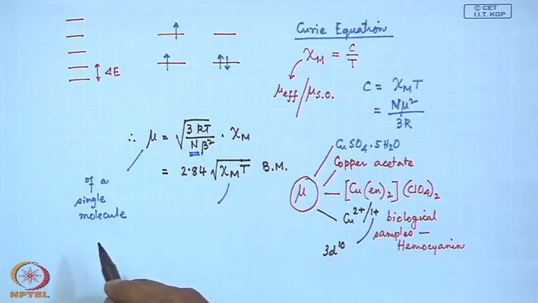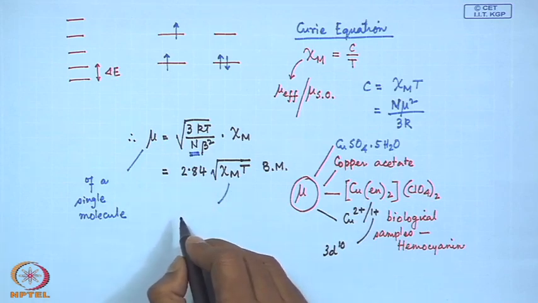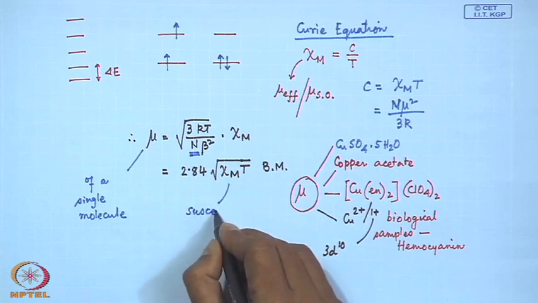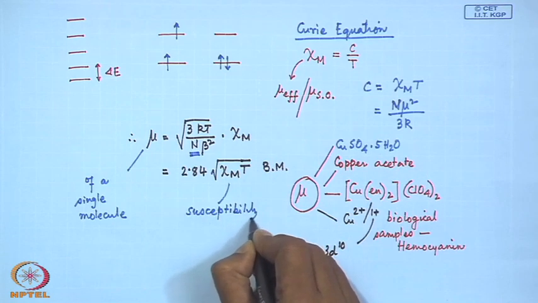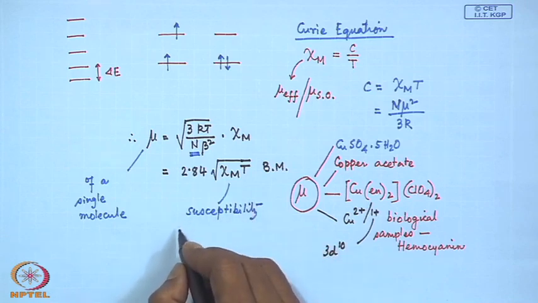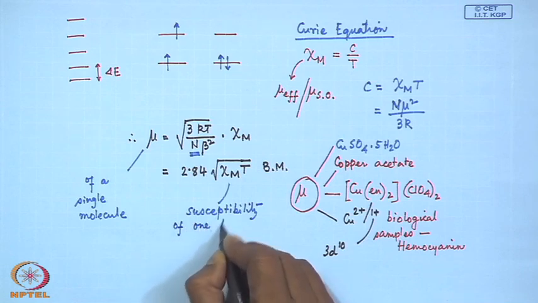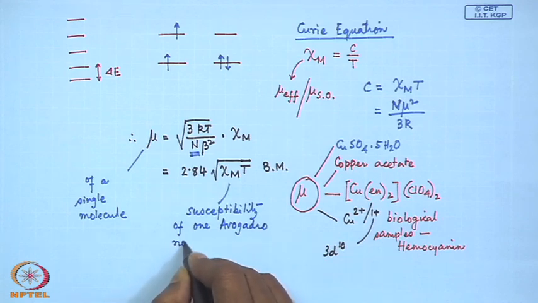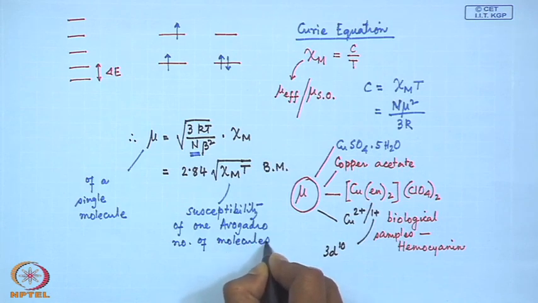this susceptibility term that we are using in this equation is nothing but the susceptibility of one Avogadro number of molecules.